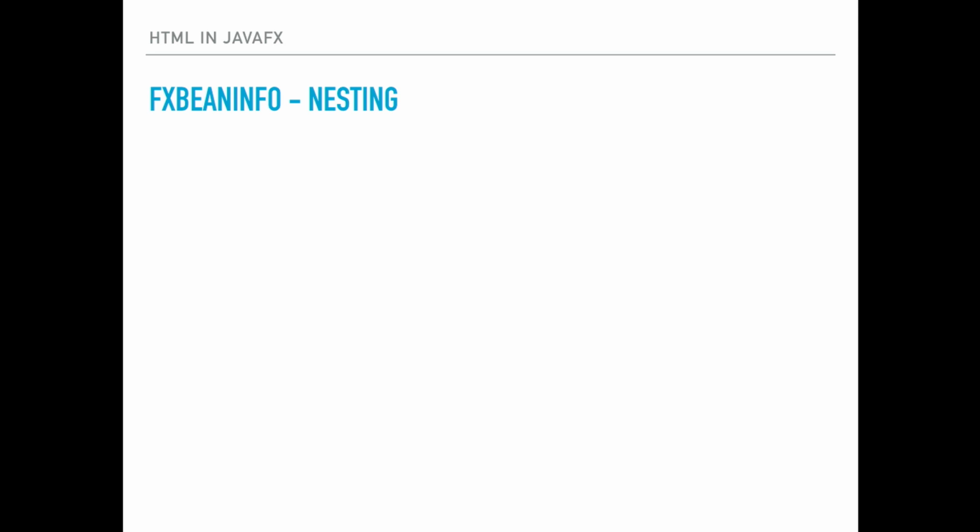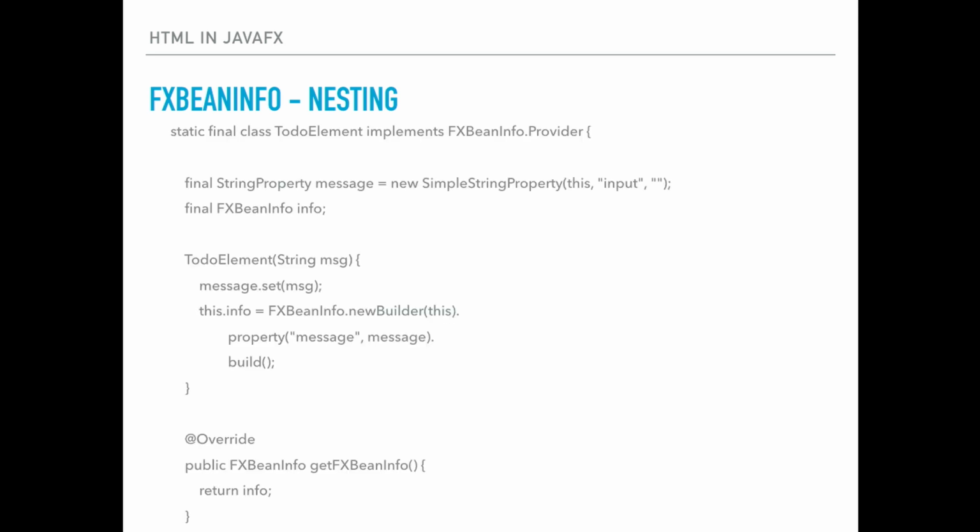So this was a very simple demo, but I've got a slightly more complex demo in the project. It's a to-do list application, and it shows you how you can create nested hierarchies of objects. Like here we have a to-do element which wraps a string property, and again we create an FXBEANINFO from that.